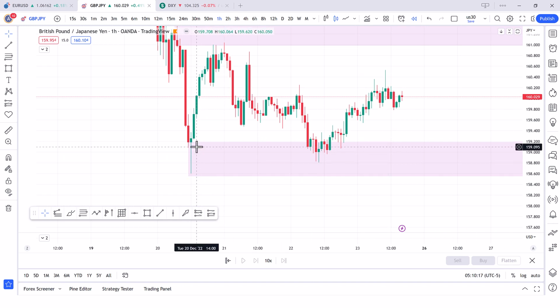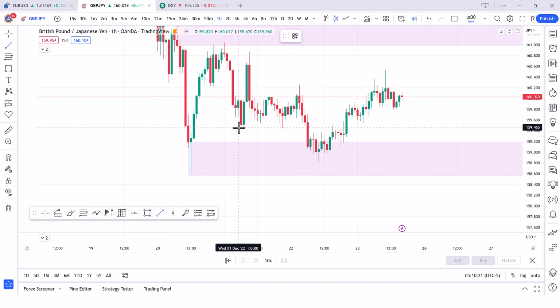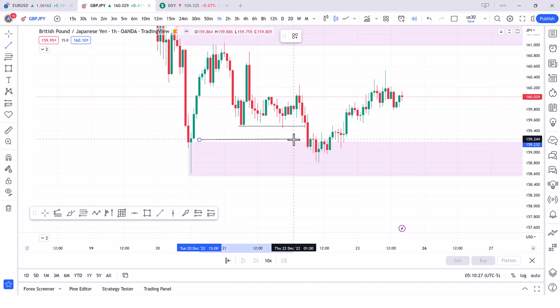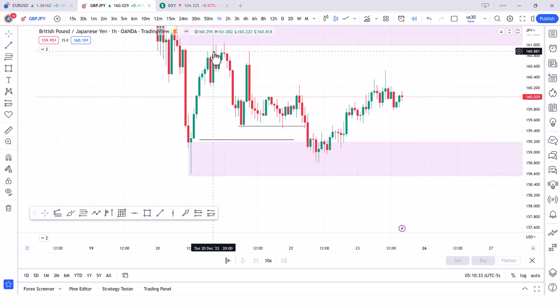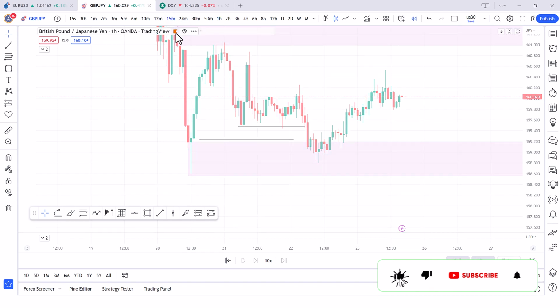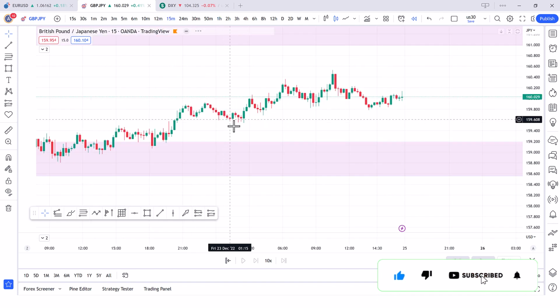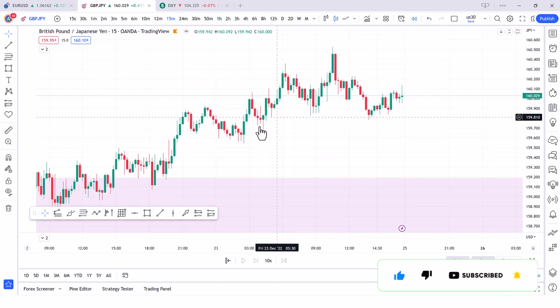But you can see that, for example, we have a valid zone here. We have our points of liquidity here, and even here in the lower time frame, it is a point of liquidity as well. I'm going to talk about liquidities in this channel, and I've made 2 videos on it as well.